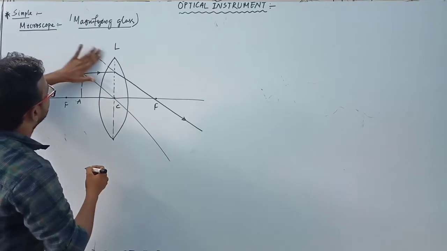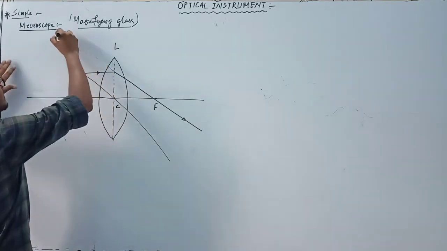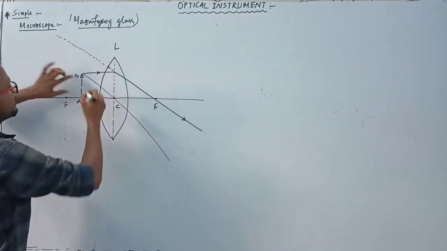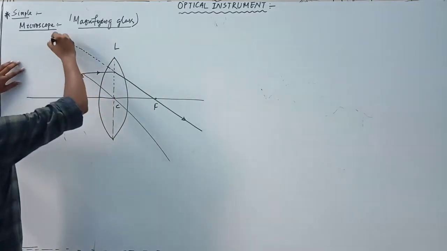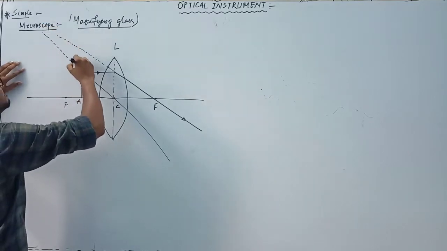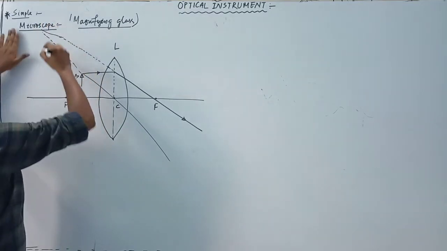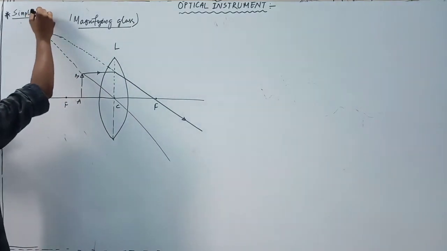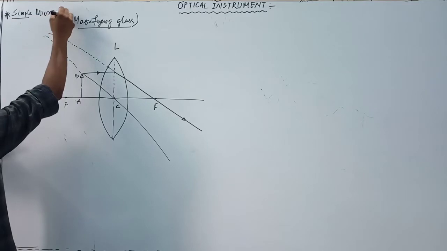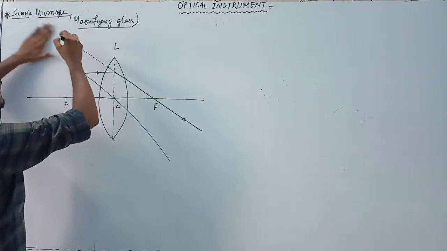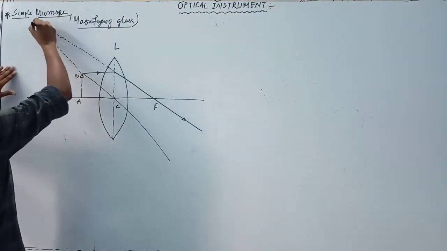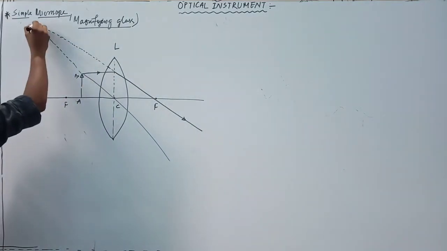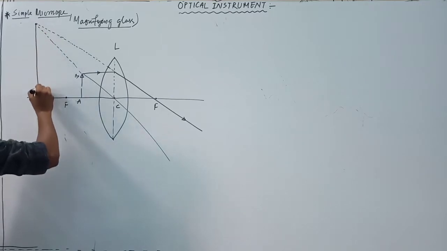So if we draw the backward rays, then these two backward extended rays appear to meet at this point, and finally we get an image.